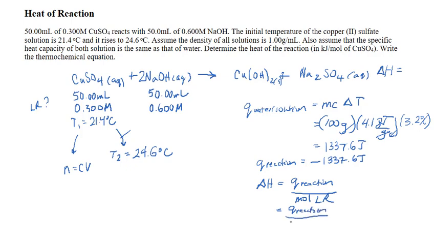So our negative 1337 divided by 0.015 moles is going to equal 89.2 kilojoules per mole. What I did here was take the negative 1337.6, divide it, and then divide it by 1,000.